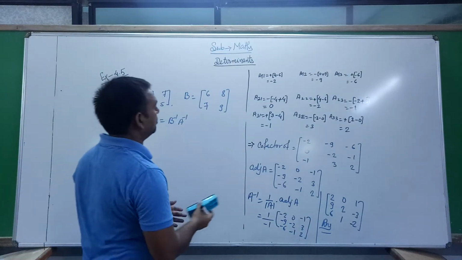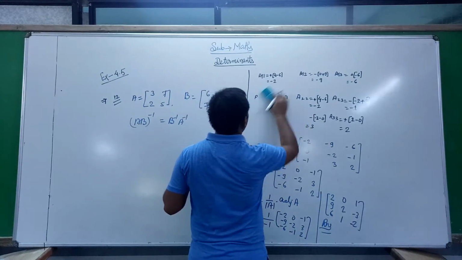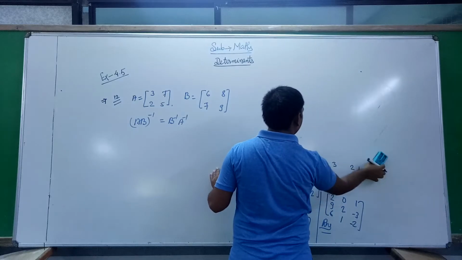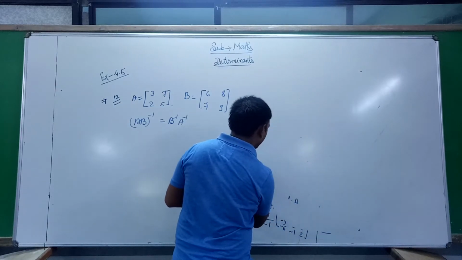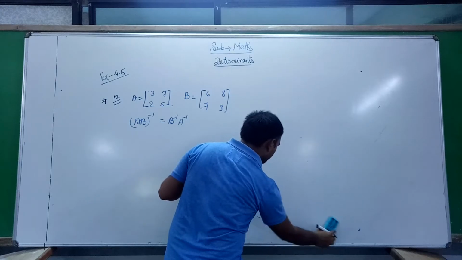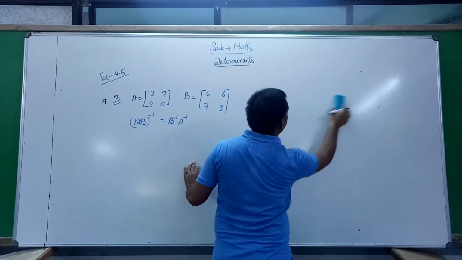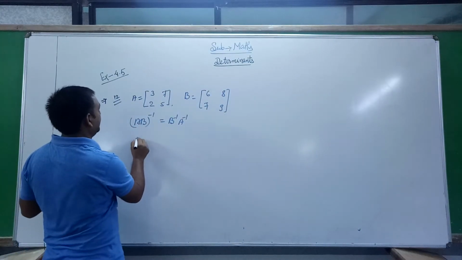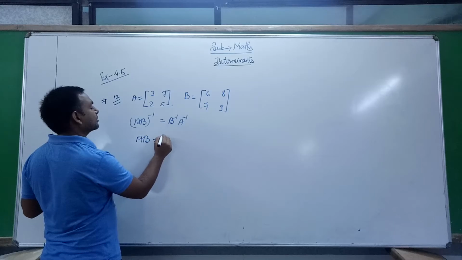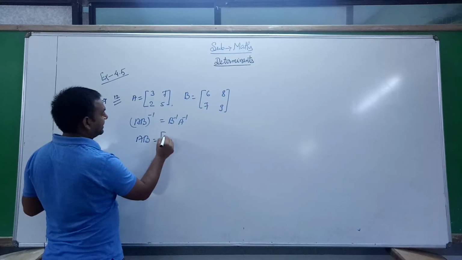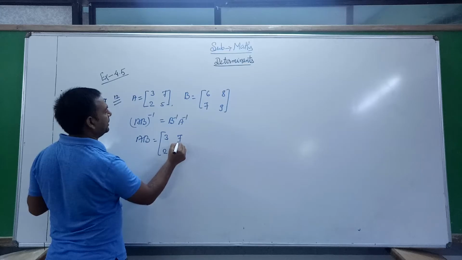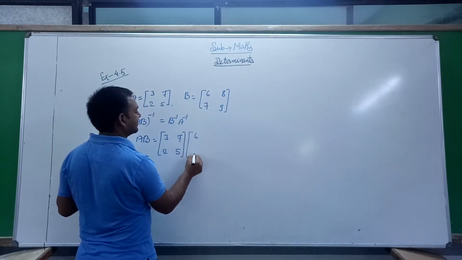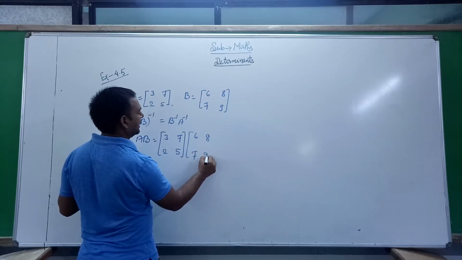Then for the solution of that question, how can we find it? First I take the AB. The value of AB is equal to matrix 3, 2, 7, 5, then B, that is 6, 7, 8, 9.